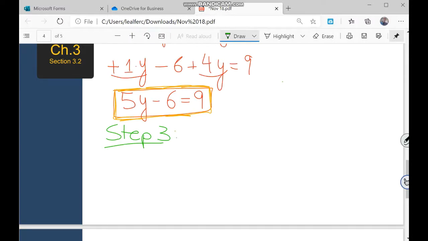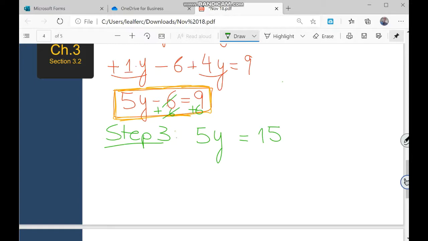So the first thing, we're going to add 6 on both sides of the equation. We are applying the addition property. So you're going to have 5y, negative 6 plus 6, 0, equals 9 plus 6, 15.